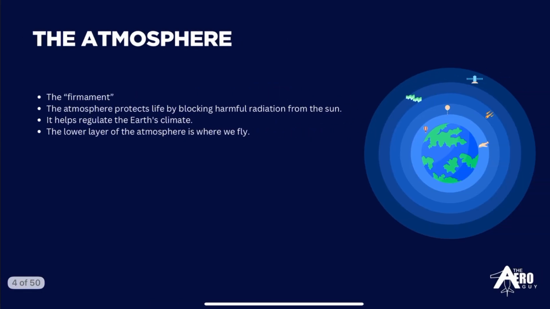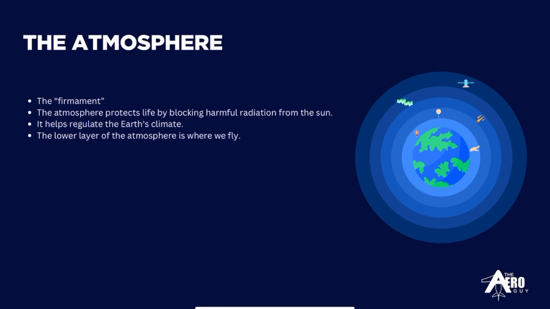So, let's dive in. The atmosphere, we define it as the firmament. It protects life by blocking harmful radiation from the sun. It helps regulate the Earth's climate. The lower layer of the atmosphere, particularly at 0 to 11 kilometers and 11 kilometers to 25 kilometers, is where we normally fly our aircraft.